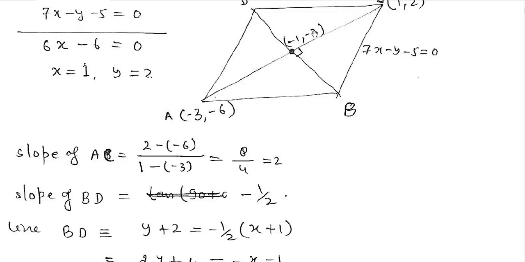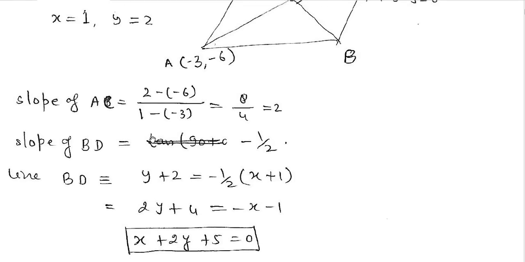Since we are already given this point, we can get point A as well, and we have been given the equation of this line, and then the slope of this. With the help of the slope, we get the slope of AC.